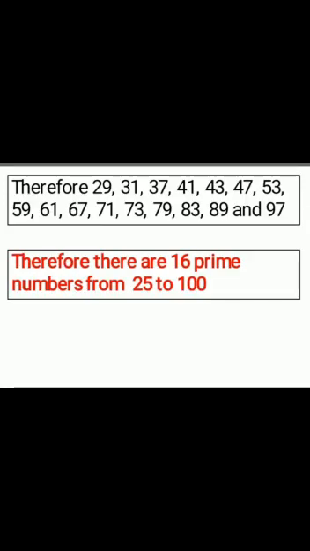So which are the prime numbers from 25 to 100, children? 29, 31, 37, 41, 43, 47, 53, 59, 61, 67, 71, 73, 79, 83, 89, 97.